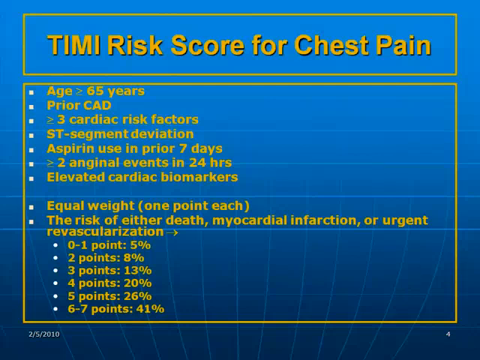The other thing is that the point system is not absolute. We generally think patients that have 0 to 2 points would be low risk, those with 3 or 4 would be intermediate risk, and those from 5 to 7 would be at high risk. But again, this has been developed from several large unstable angina non-STEMI trials, and we think that it's validated and tested very well.